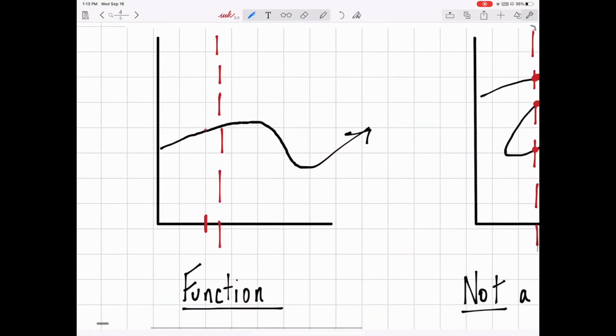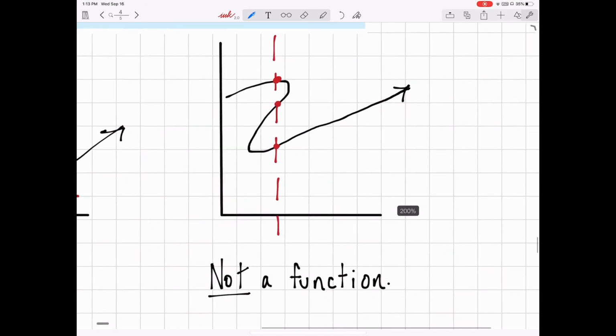Again, it's going to give me one value for y. If I choose here, it's going to give me one value for y. There's no other place at this tick mark that there is another value. So it's one output for every input. So that would be a function.